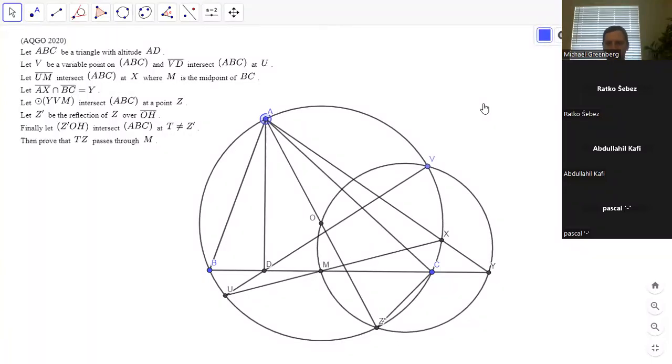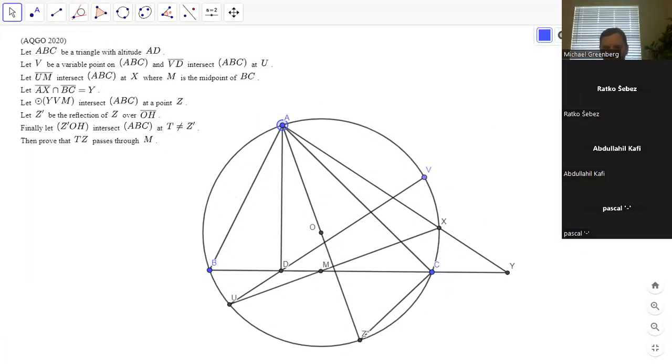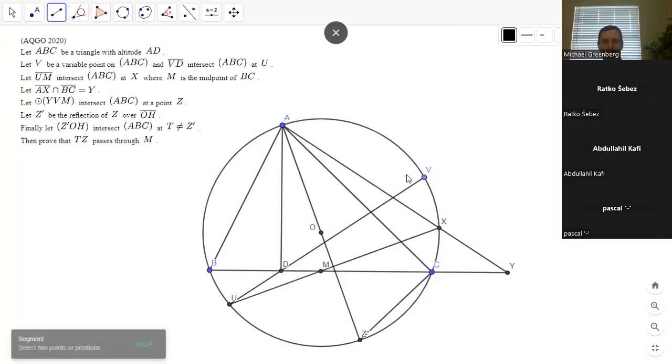No. We could try to use power of a point. We could try to do an angle chase.